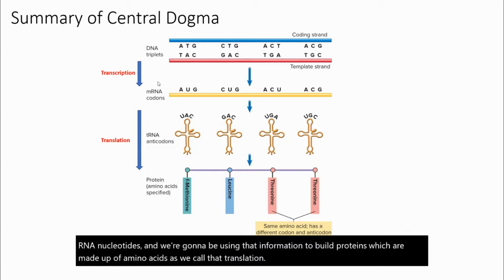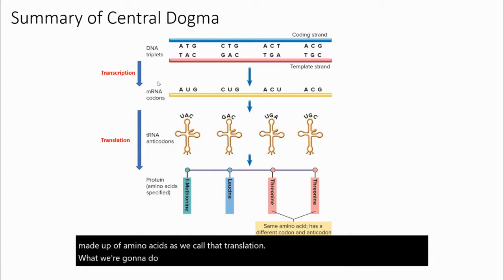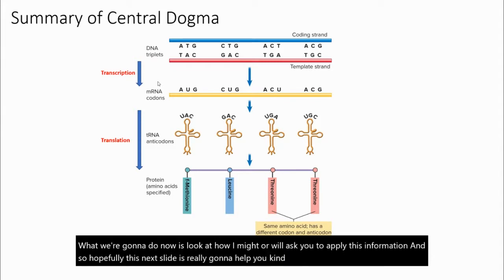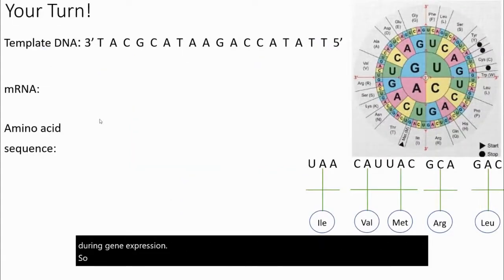So what we're going to do now is look at how I might, or will, ask you to apply this information. Hopefully this next slide is really going to help you visualize what's happening during gene expression. I have to be very careful with my mouse so I don't get too far ahead of myself.